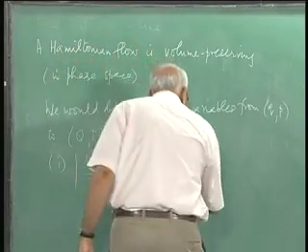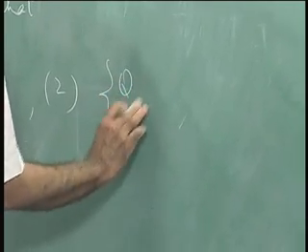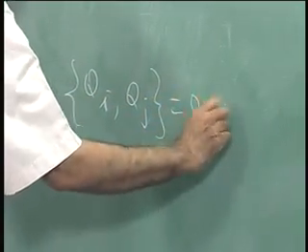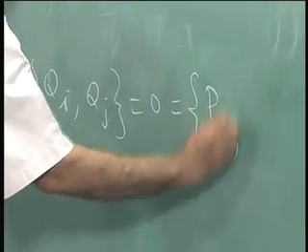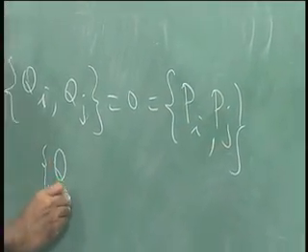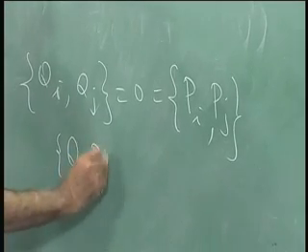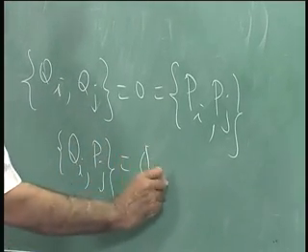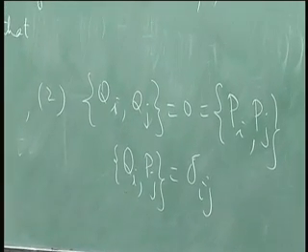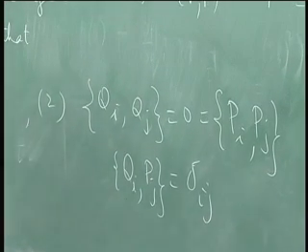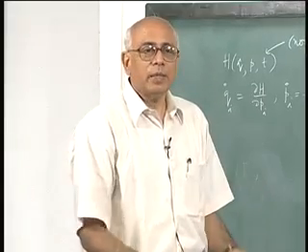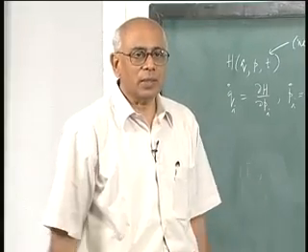In other words, you should be guaranteed that [qi, qj] is equal to 0, equal to [pi, pj], and [qi, pj] is equal to delta ij. So if that is true, then also this magic is attained, namely the transformation is guaranteed to be a canonical transformation.